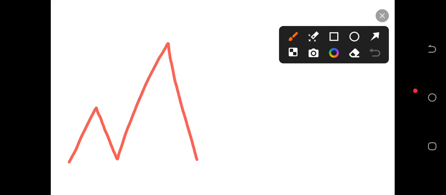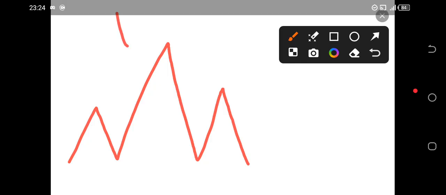Hope you are seeing this very well. This is the left shoulder, the head, this is the right shoulder. Perfect. Now, this is a perfect head and shoulder pattern in the market. This is the head.